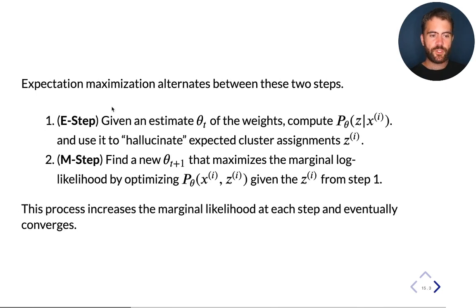And so again, as I mentioned earlier, expectation maximization is an algorithm which alternates between two steps, the E step and the M step. At the E step, given an initial estimate of the weights, we compute the probability of the cluster assignments, and we use it to, quote unquote, hallucinate expected cluster assignments, which are denoted by Z. And now, given that we have hallucinated these cluster assignments, we find a new theta by optimizing the marginal log likelihood given the Z that we have obtained.